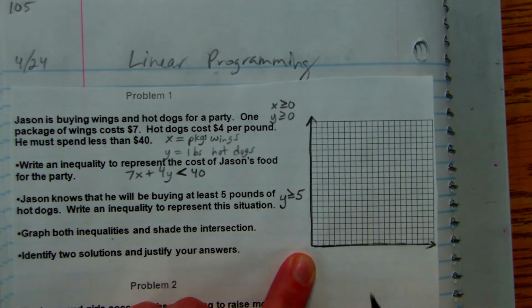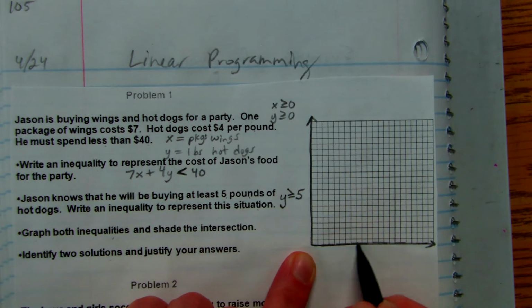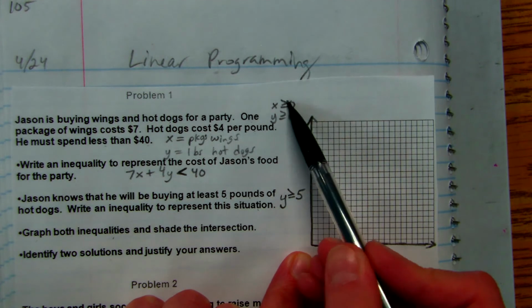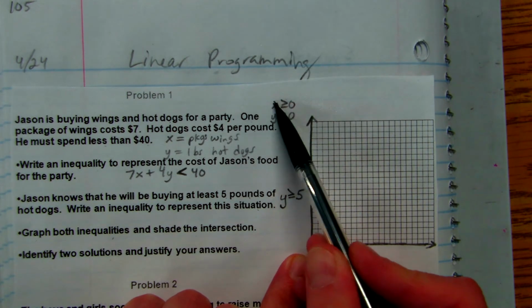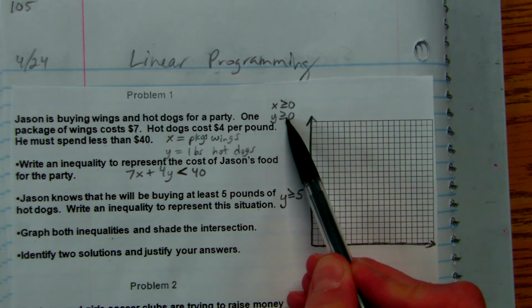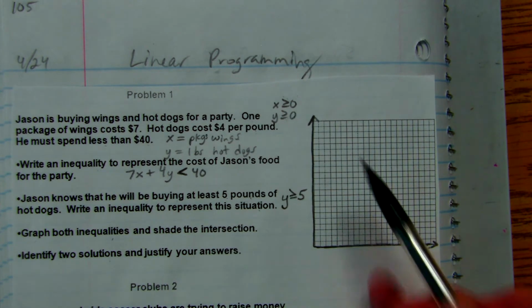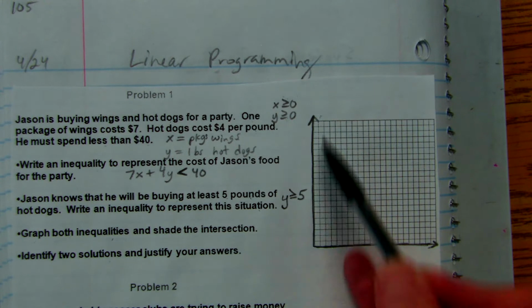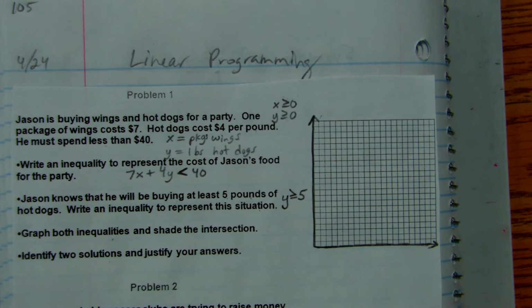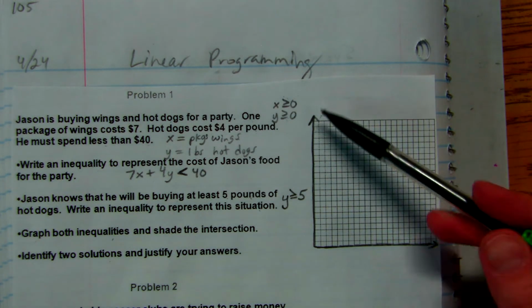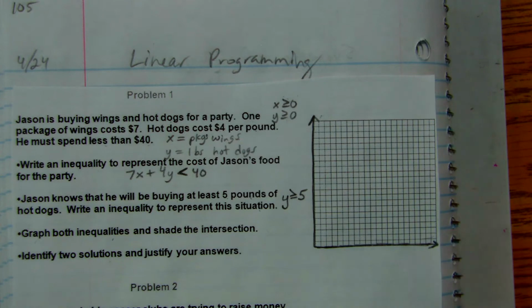That way I don't have to deal with anything negative. But you may see, especially if you go into college algebra, they may actually shade on a 4-quadrant graph so that you know your solution is in the first quadrant. If I know everything's positive, I tend to just make this into a first quadrant graph.